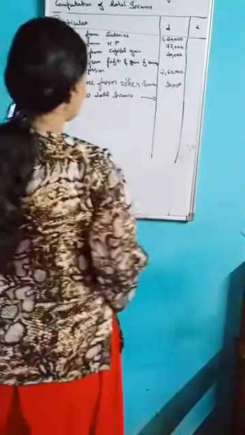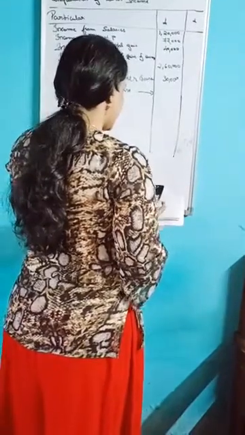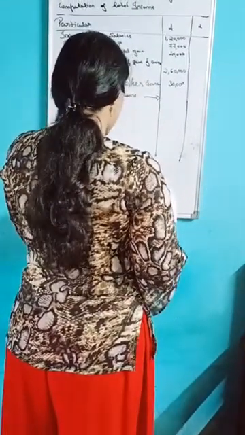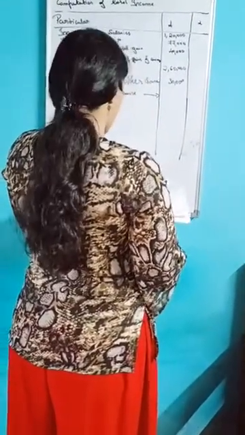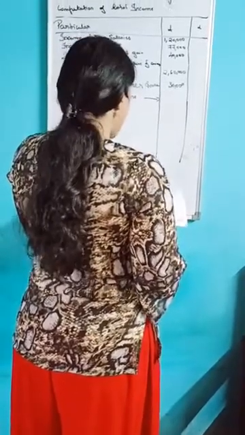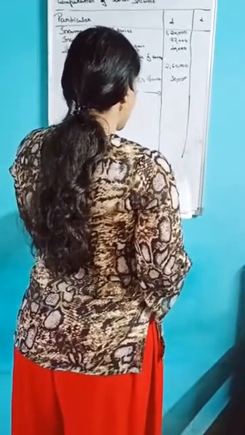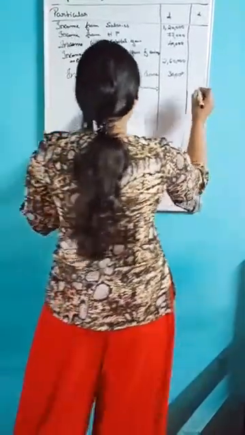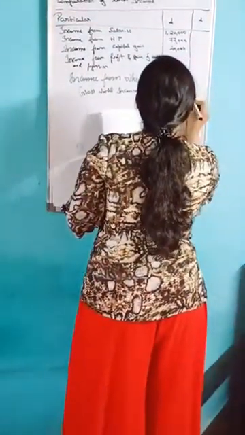So you add: we have 1,20,000 plus 77,000 plus 40,000 plus 2,60,000 plus 30,000, you will get 5,72,000.